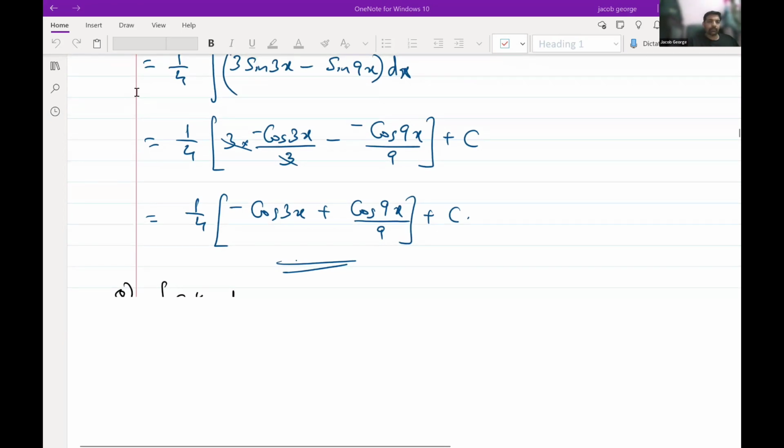Just a second. That formula paper and rule paper, that printout you have to take.